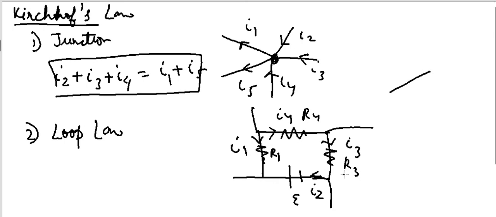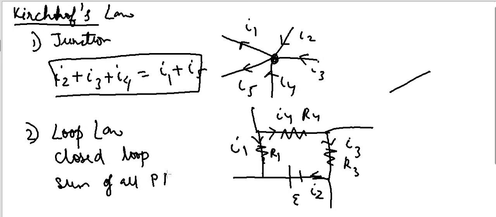positive, and potential which is going down is negative. So loop law says that in a closed loop, the algebraic sum of all the potential difference, so the important words are closed loop, and the sum of all potential difference.